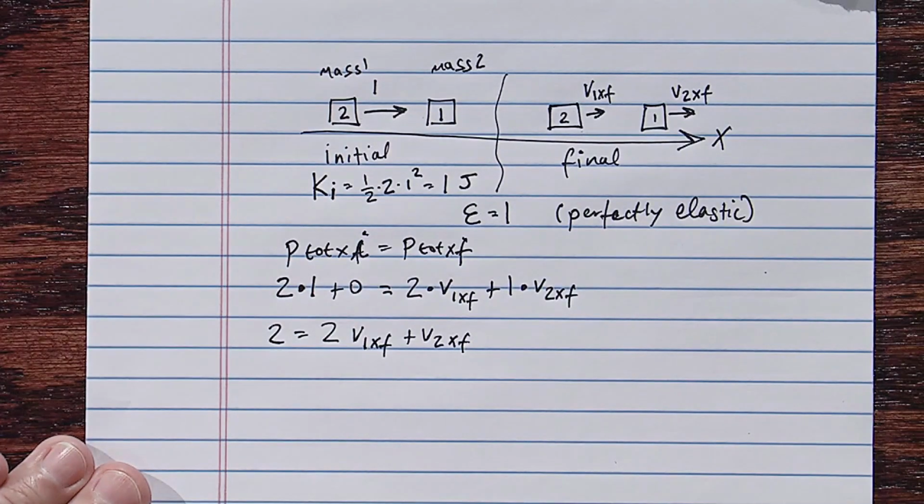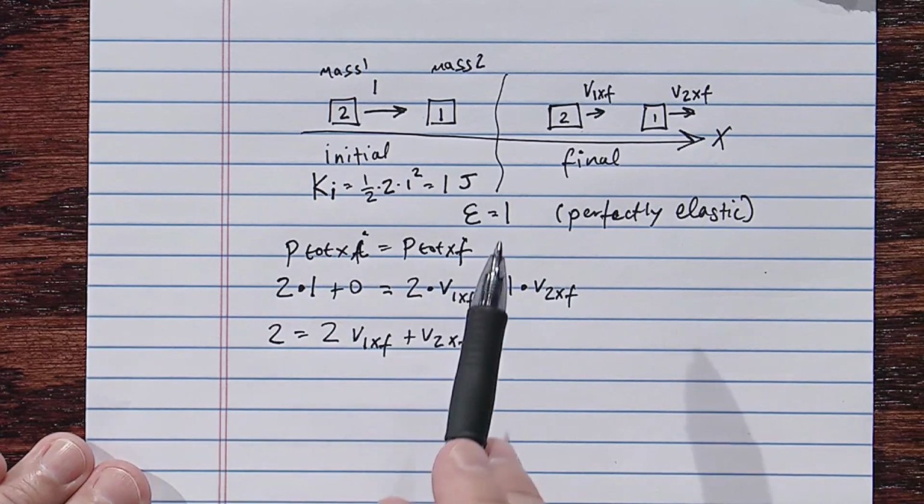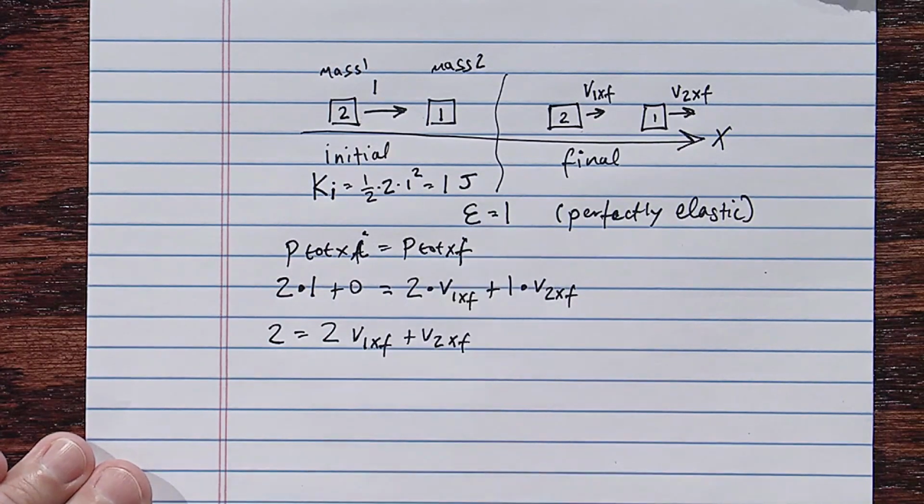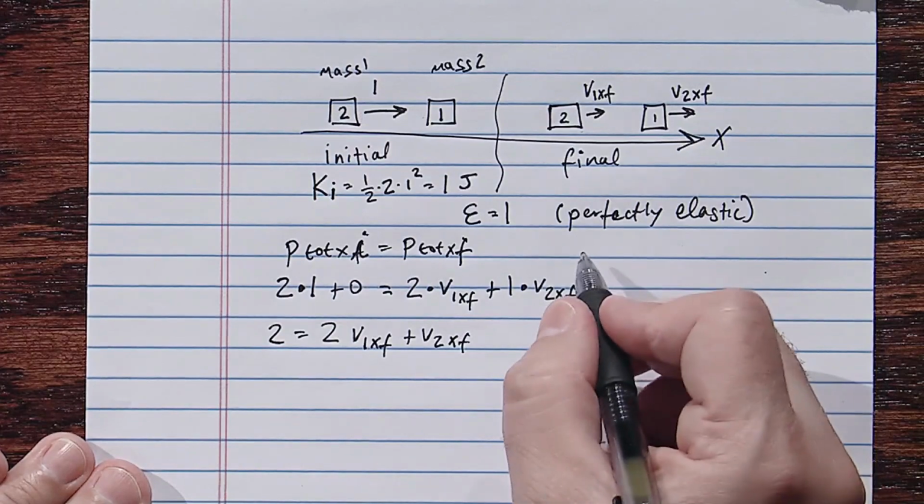What do we have? We have one equation with two unknowns. So that means that we need another equation. Our other equation is going to be our coefficient of restitution equation.